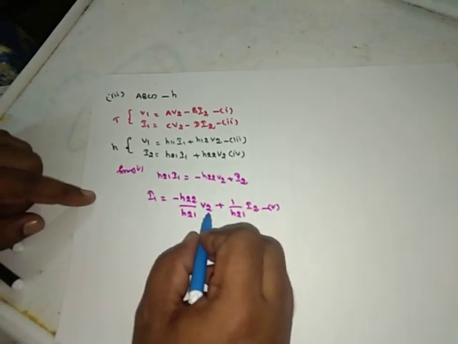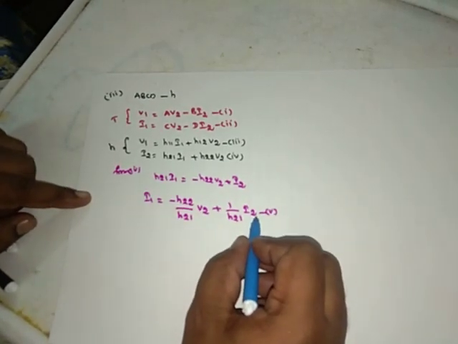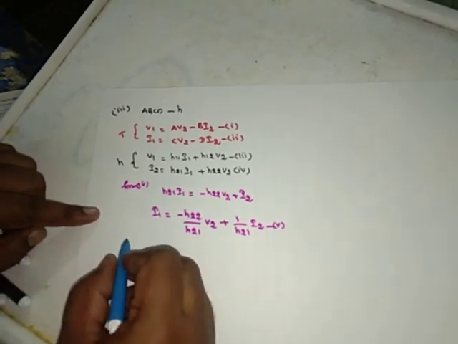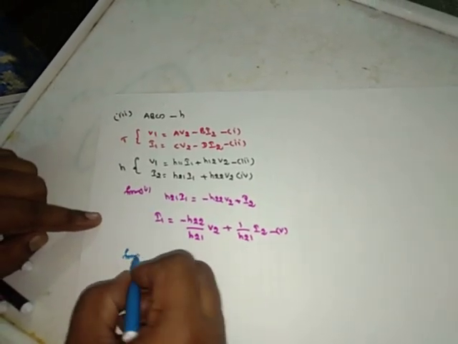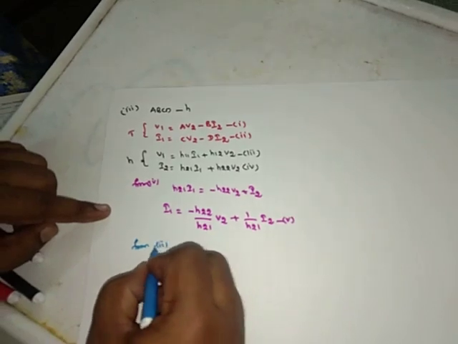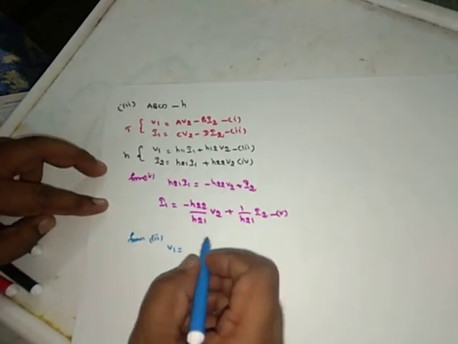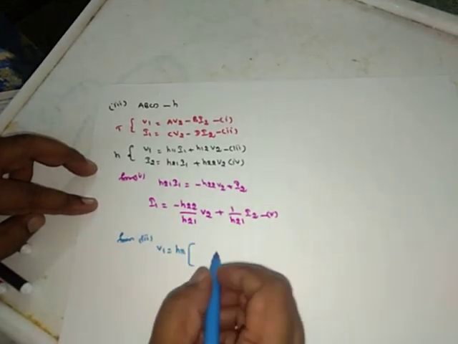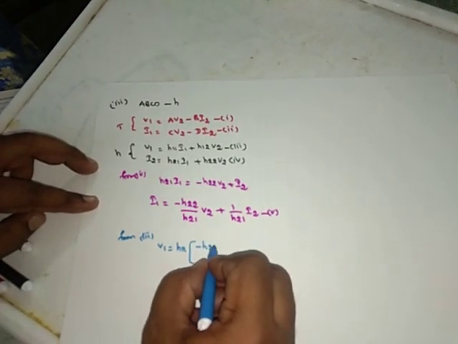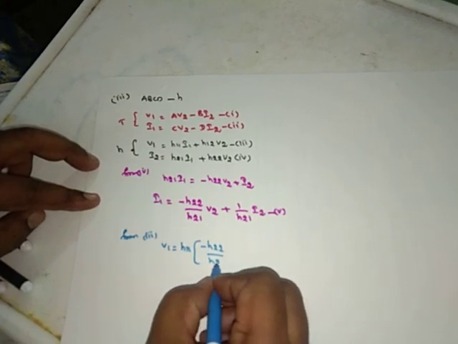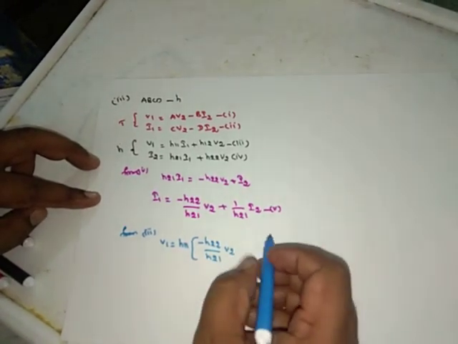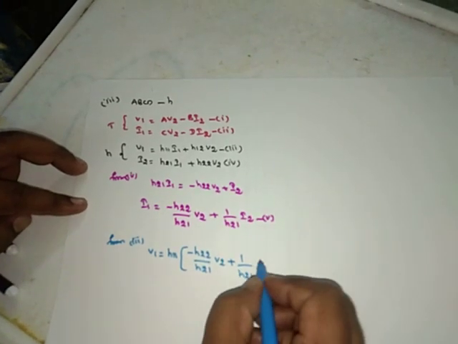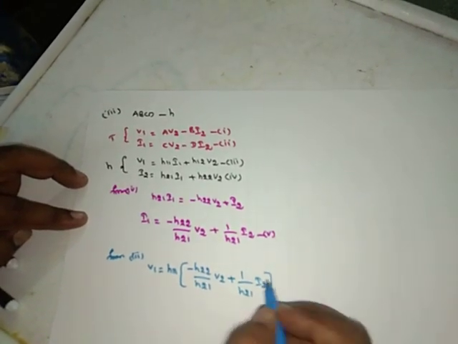I1 is a function of v2 and i2. Okay, this is 5. Now from 3, v1 is equal to h11 i1, substitute here, minus h22 by h21 v2 plus 1 by h21 i2.